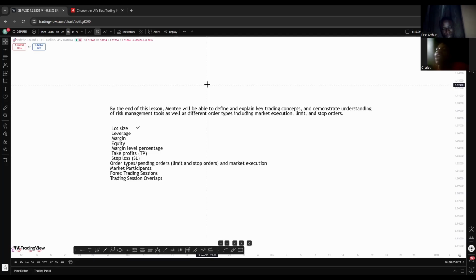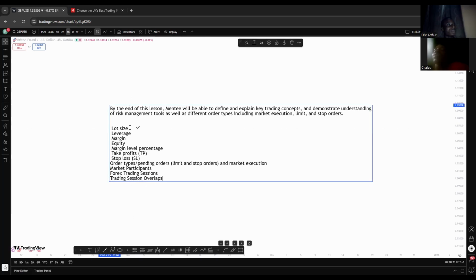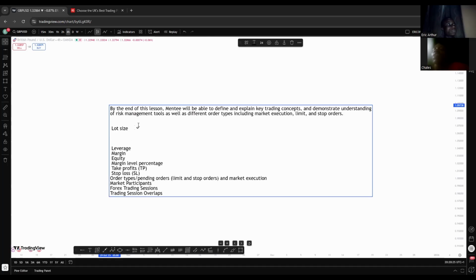Right, that is what I know about lot sizes. The minimum lot size we have is 0.01, and then up to whatever you want to. And so 0.01 is you risking 1% of your account to either make 2 or 3 profits. That is what I know about lot size.